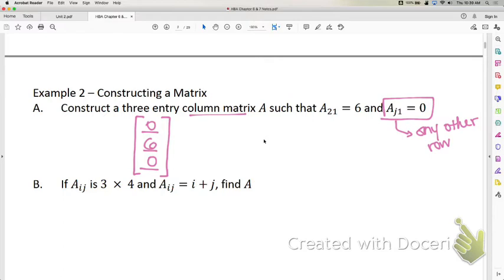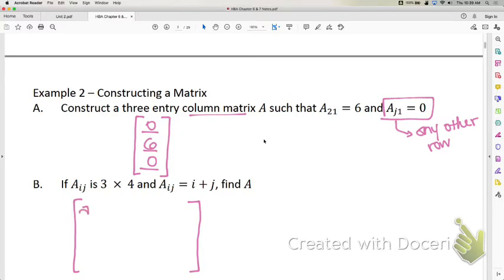Now we're going to jump into one with a different type of makeup here. First, B tells me A is what size? 3 by 4. All right. So here's how I want to start out. I want you to draw me, and if you're writing in pen, you might want to just make sure it's either erasable or hang on and just watch us for a minute. We're going to start off by just naming our entries.